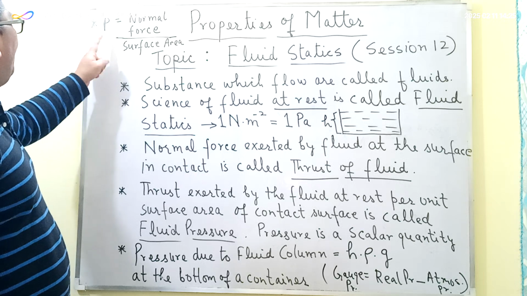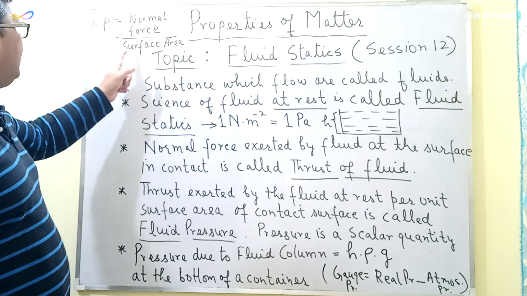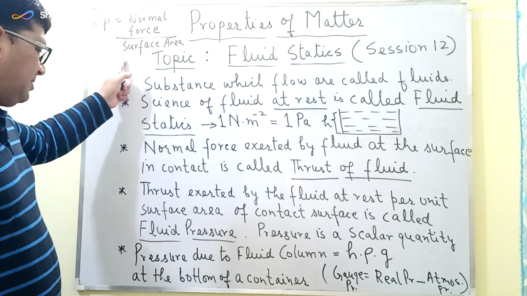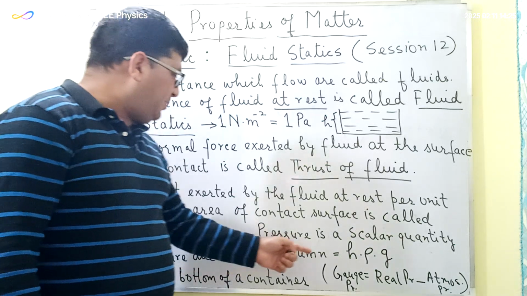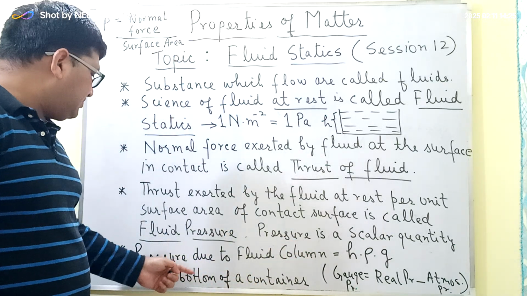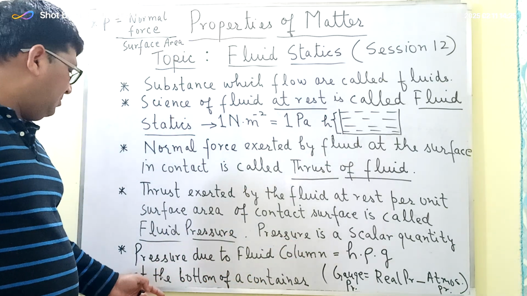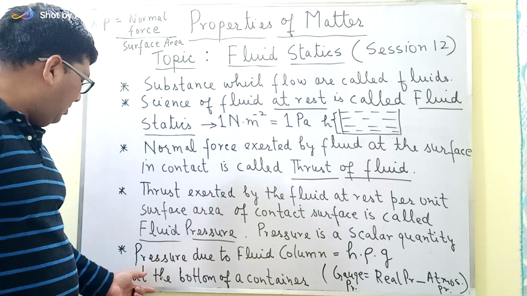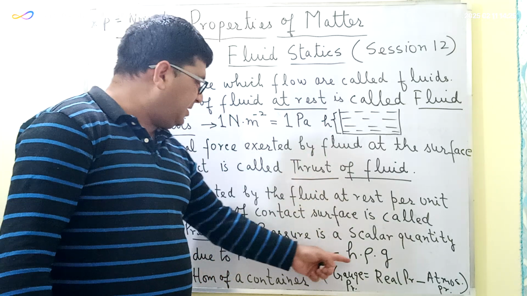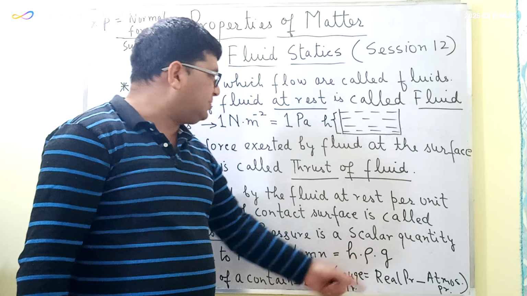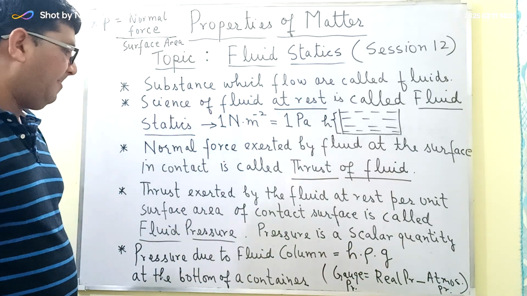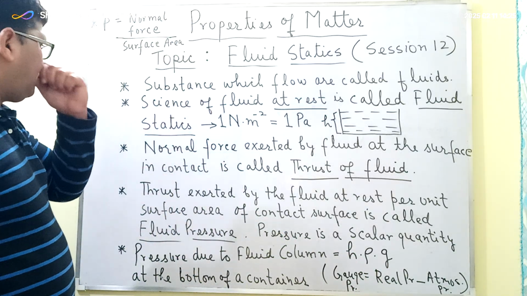And the pressure is equal to normal force or the thrust divided by the contact surface area. This is another important formula. And the pressure exerted by a fluid column at the bottom of a container is equal to H into rho into G. So this is another important formula with respect to this topic.